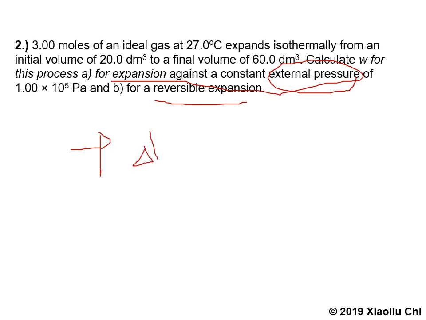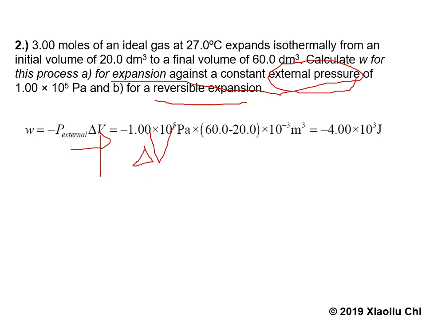Okay, remember, constant pressure process. The work is negative pressure times volume change. The pressure must be external pressure, and therefore you use negative. Okay, don't forget the negative sign. 1 times 10 to the 5th Pascal, that's the pressure, times volume change, the final 60 minus initial 20.